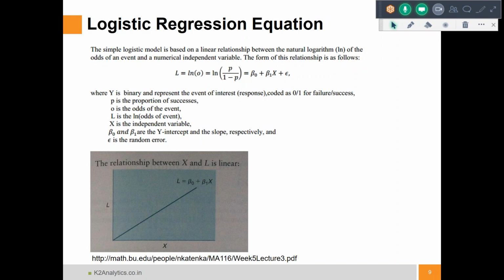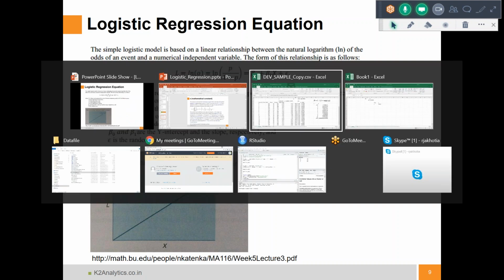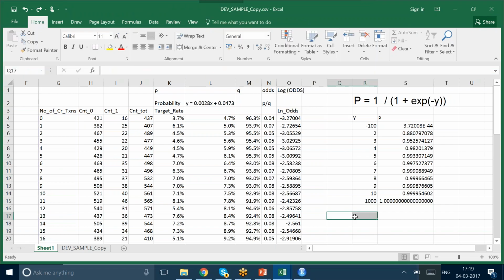What would have happened? It would mean that y is equal to p divided by 1 minus p, is equal to a plus b dot x. I could have modeled this also.